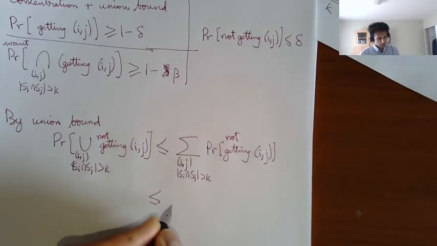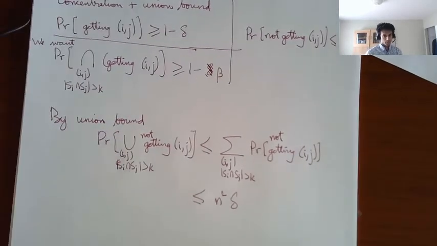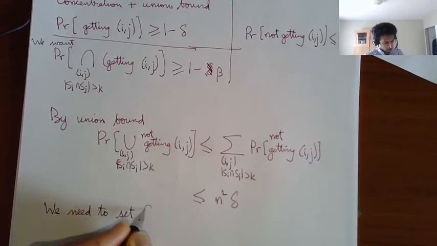This clearly is at most n squared times delta by the union bound. So we need to set delta to be beta divided by n squared.